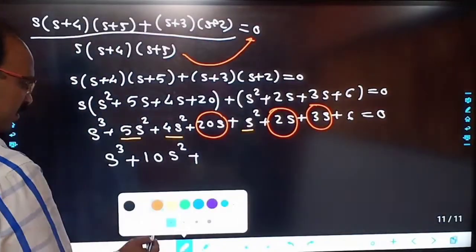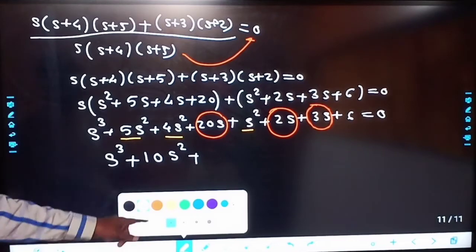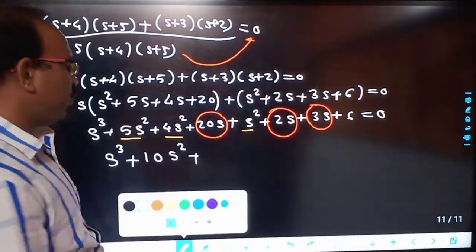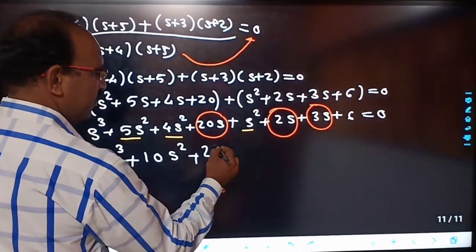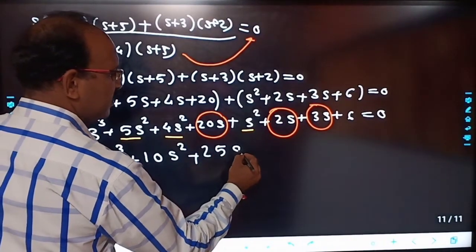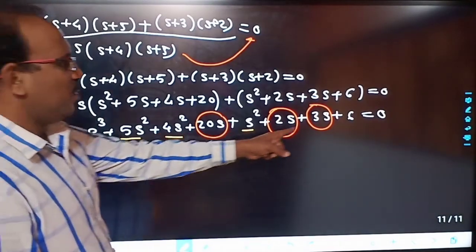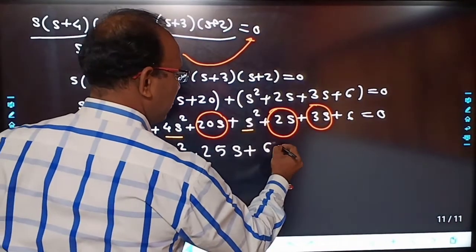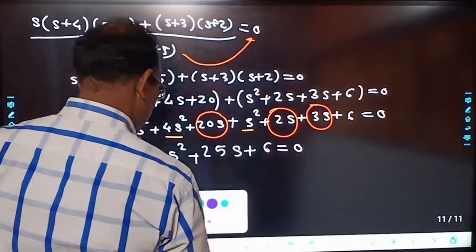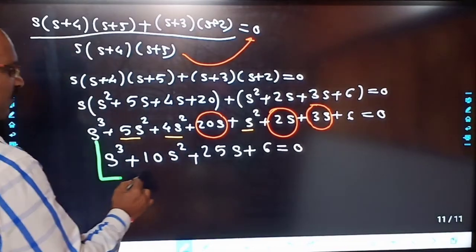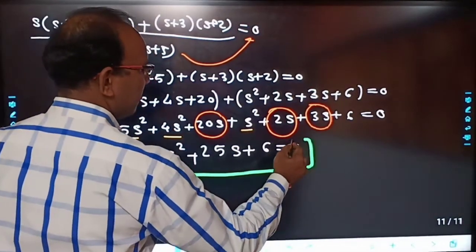So S square plus 10S, 20 plus 2 is 22, plus 3 is 25. So that is 25S, plus how many constants? Only one, that is 6, equal to 0. Correct? So this is our final equation.